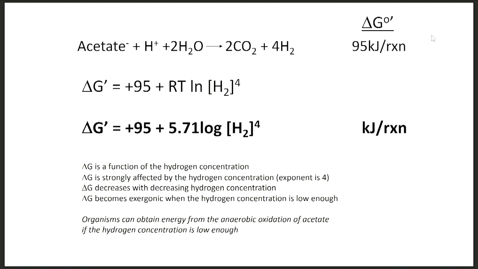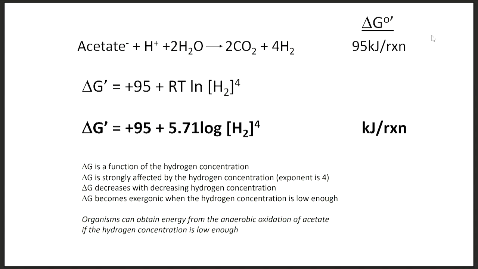If you have conversion of acetate into hydrogen and CO2, then this is the stoichiometry. And if you take the values for acetate, protons, water, CO2, and hydrogen, the last two in the gaseous phase, then you end up with 95 kilojoules.